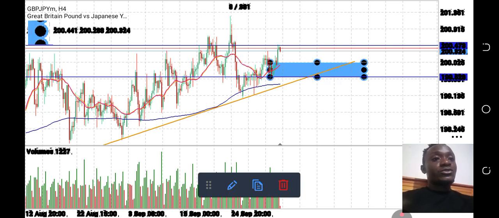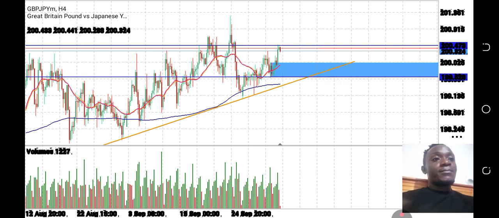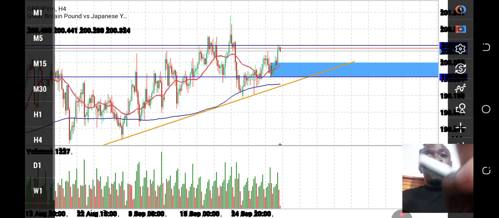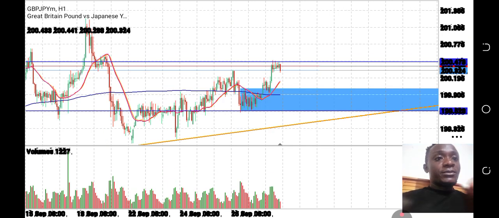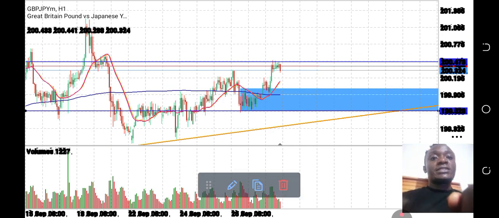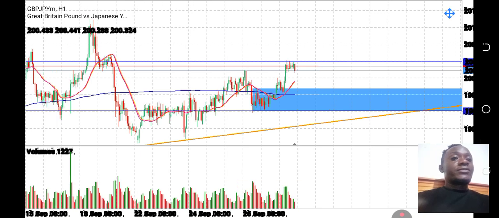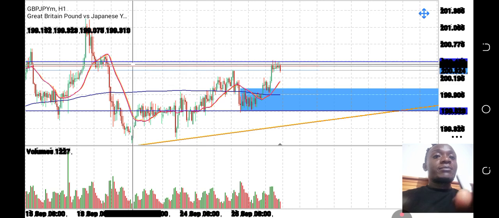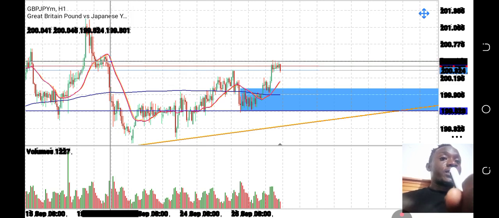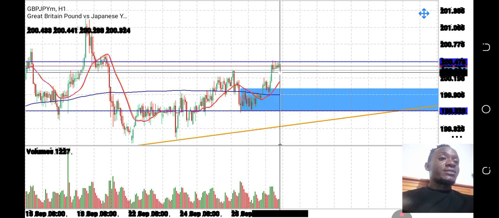Let's go to the 1 hour time frame. With the 1 hour time frame, you can see the market came to this resistance zone and got rejected at a particular point.